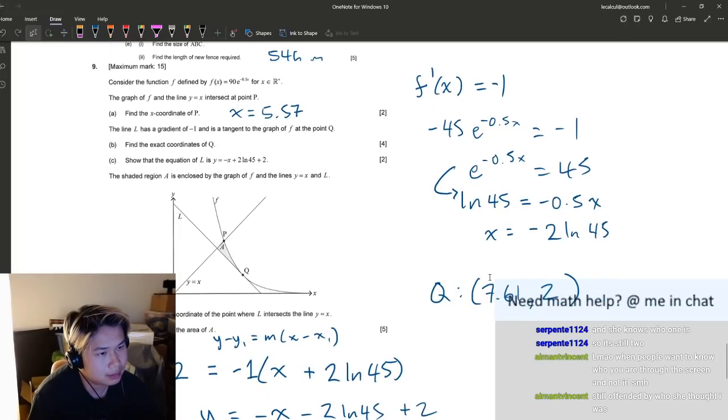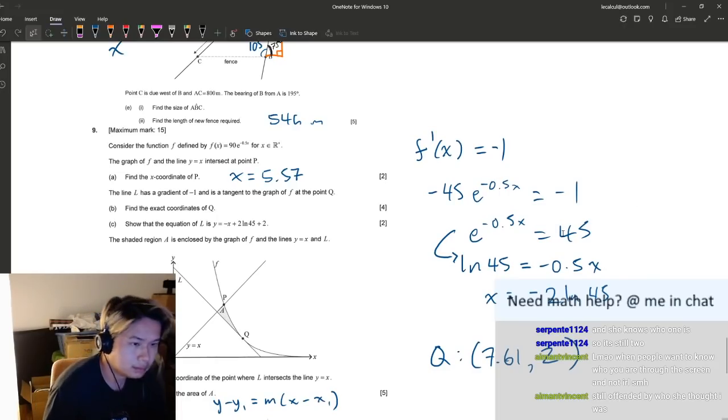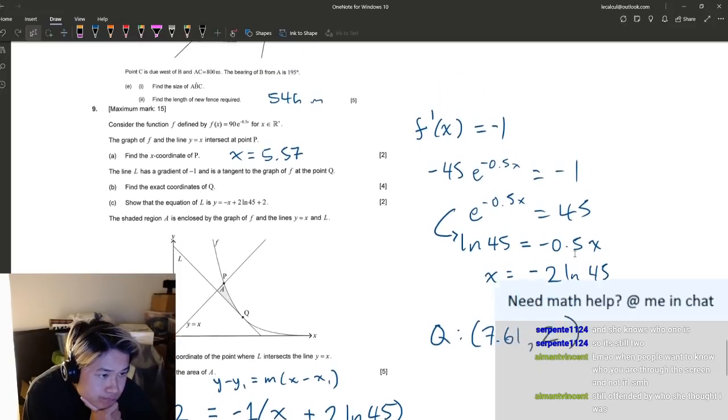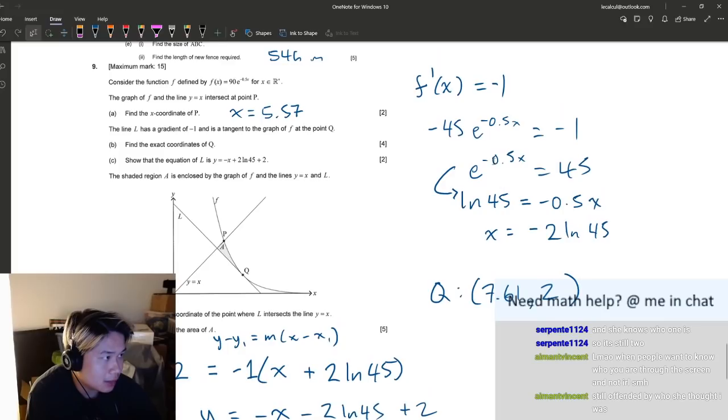Where did my logs go wrong? Because I already know it's going to be positive. So somewhere here I went wrong. Am I going crazy? Is this not the derivative? This has to be the derivative, right?